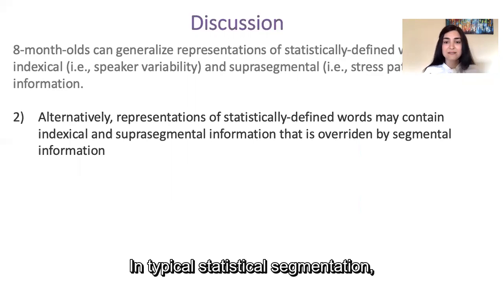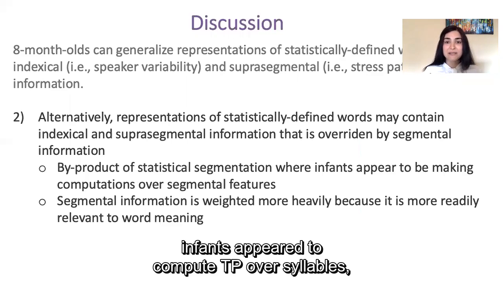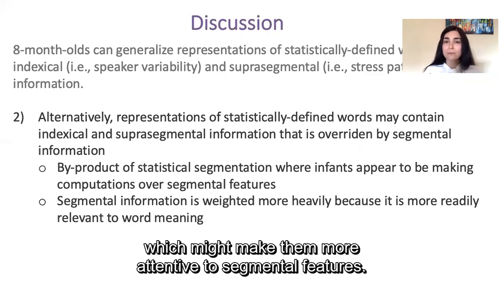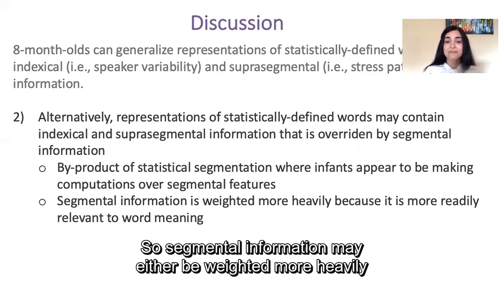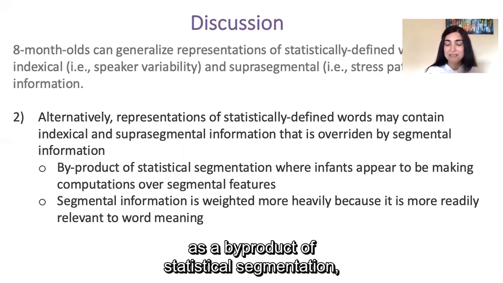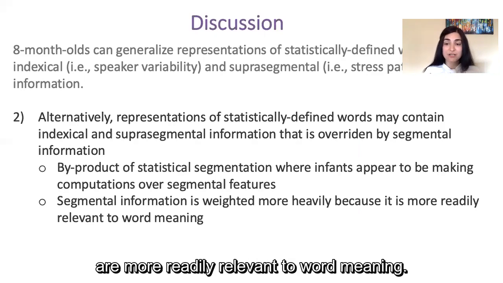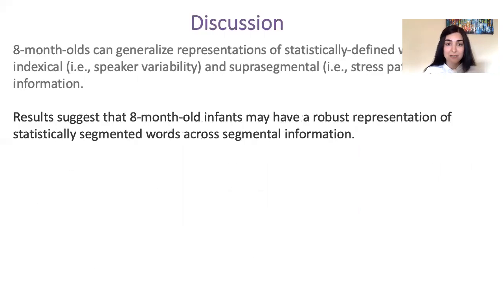In typical statistical segmentation, infants appear to compute TP over syllables, which might make them more attentive to segmental features. So segmental information may either be weighted more heavily as a byproduct of statistical segmentation or because segmental features are more readily relevant to word meaning.